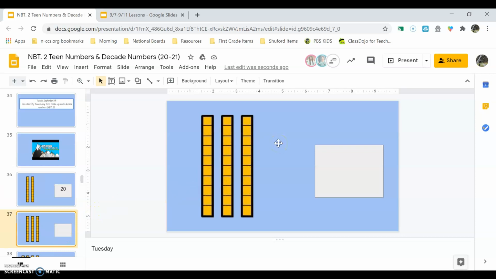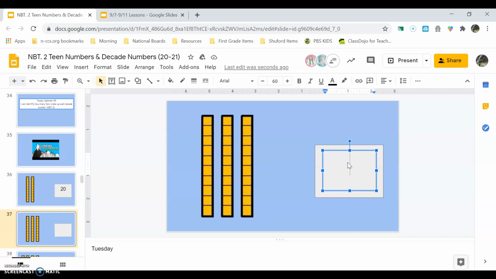All right, let's do this one. You go ahead and count. And let's count together. 10, 20, 30. How many groups of 10 do I have? 3 groups of 10, 0 left over. My total is 30. Right on.